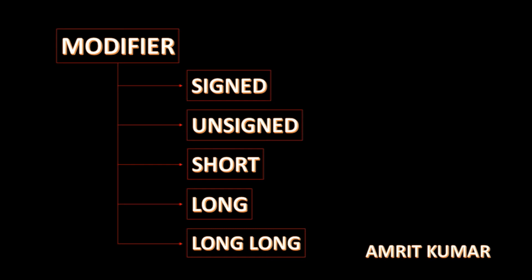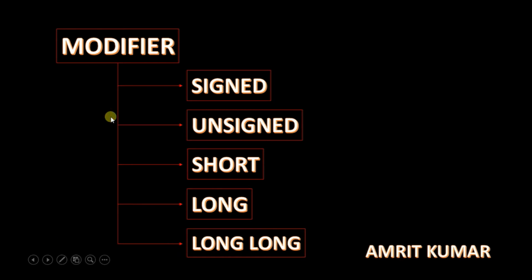Modifiers are classified mainly into 5 parts: signed modifier, unsigned modifier, short modifier, long modifier, and long long modifier.